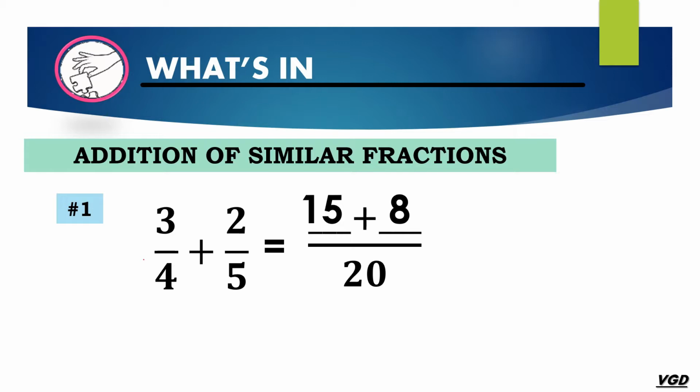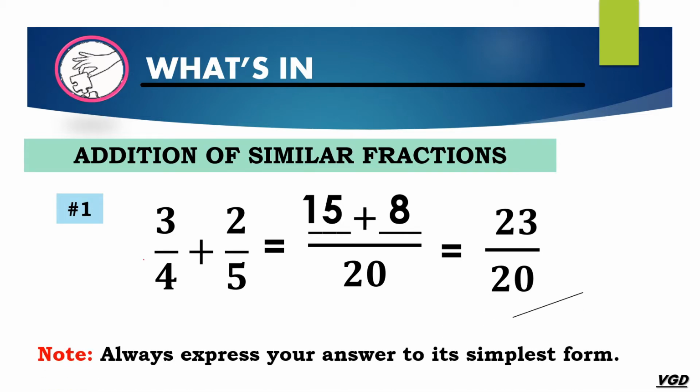So our new expression will become 15 plus 8 over 20, or simply 23 over 20. And take note that we always need to express our answer in its simplest form. But in this case, we cannot simplify 23 over 20 anymore. So that is our final answer.